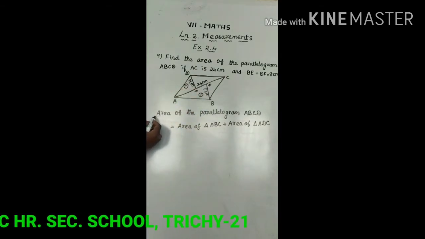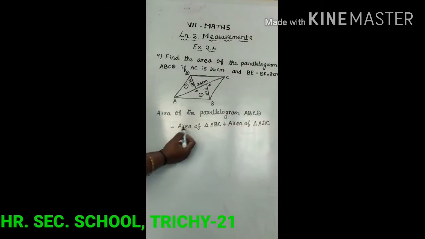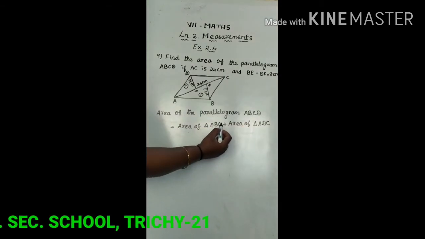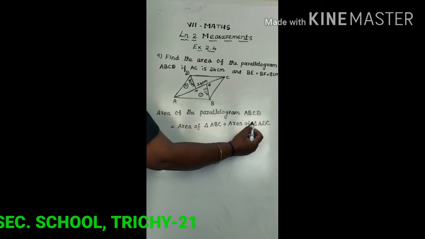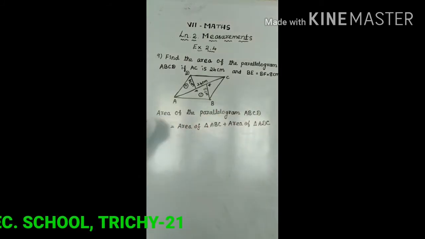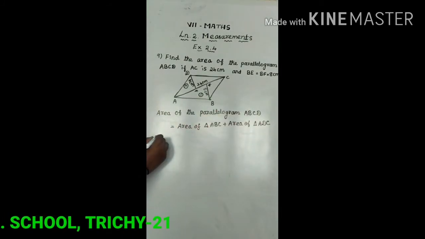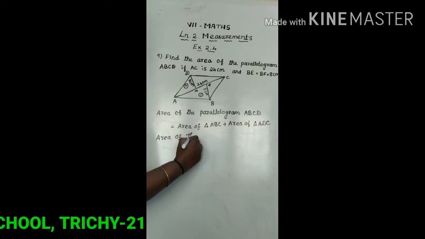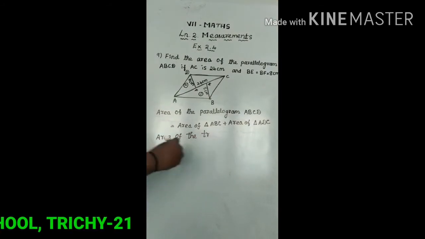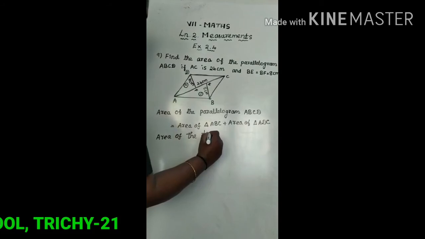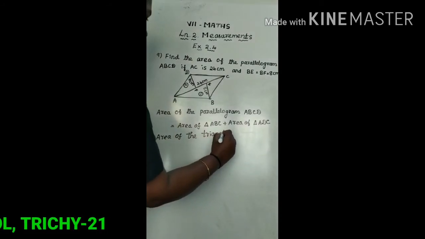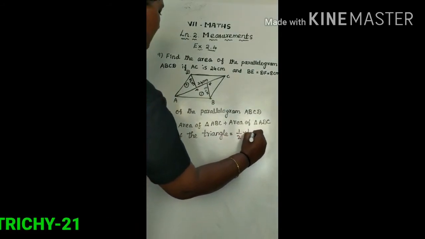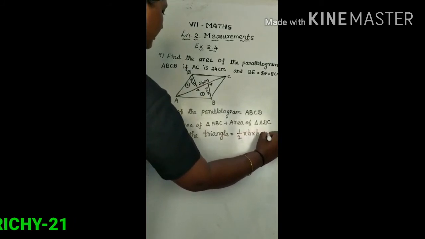So the area of the parallelogram ABCD is equal to the area of triangle ABC plus the area of triangle ADC. We already know the formula for the area of a triangle is half into base into height square units.